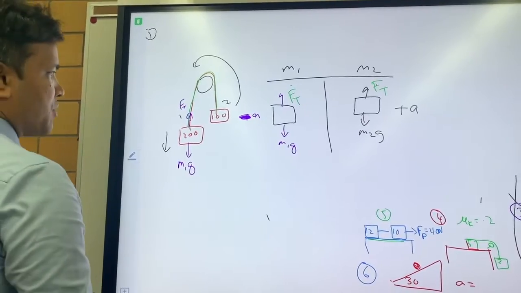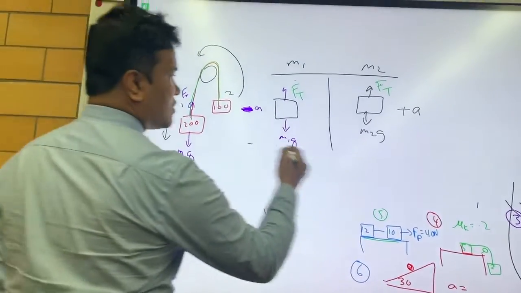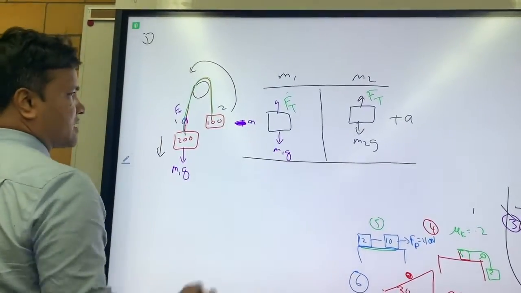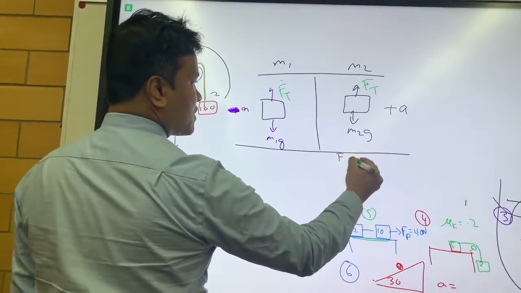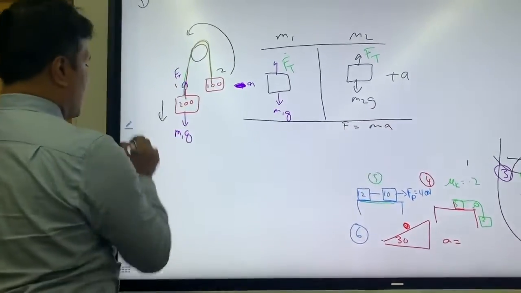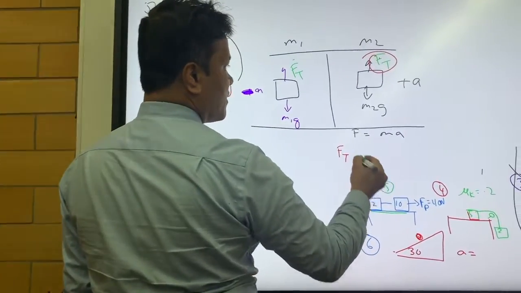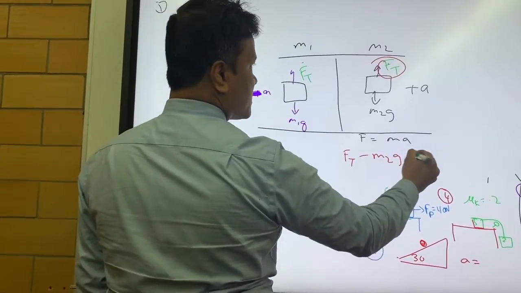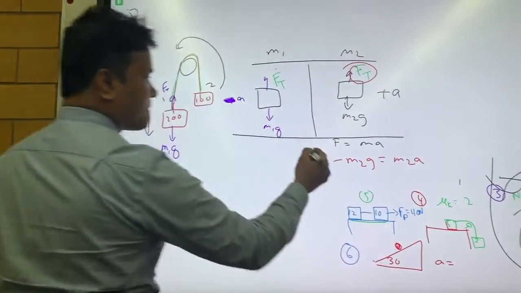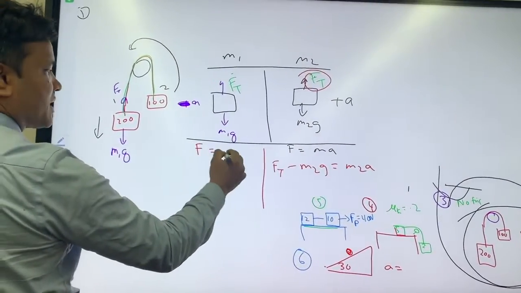Okay. Now I'm going to write Newton's second law to write the system of equations. So F equal to ma. F should be replaced by what? Ft minus M2g is equal to M2a. Now I'm going to write F equal to ma here.